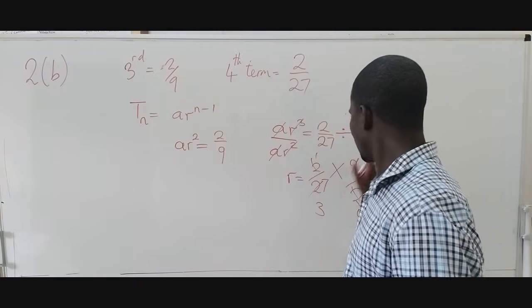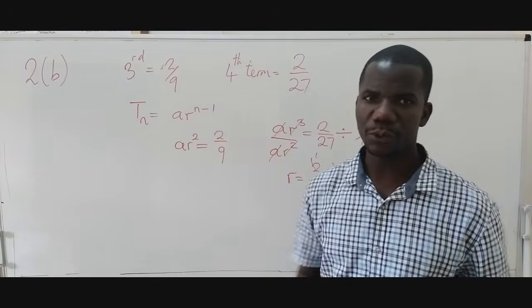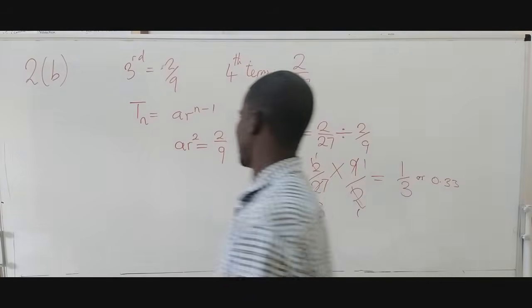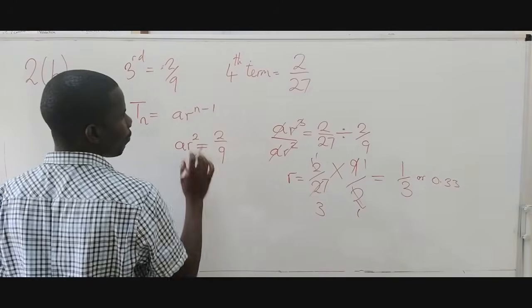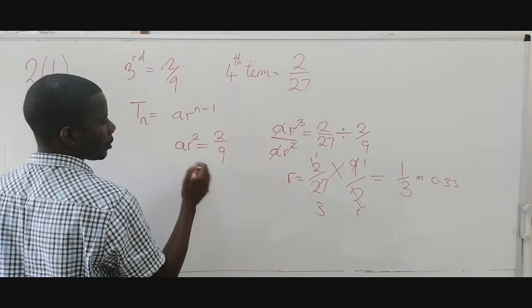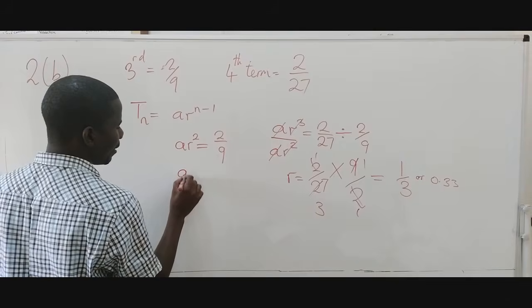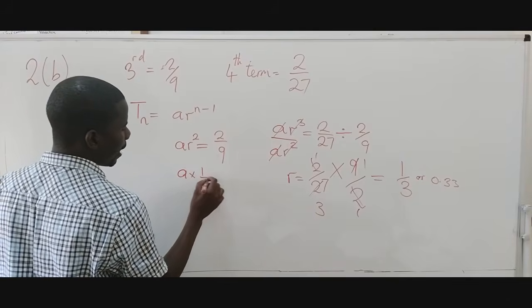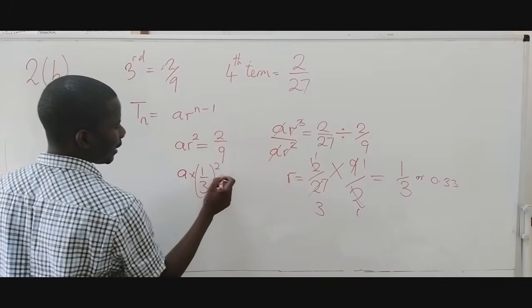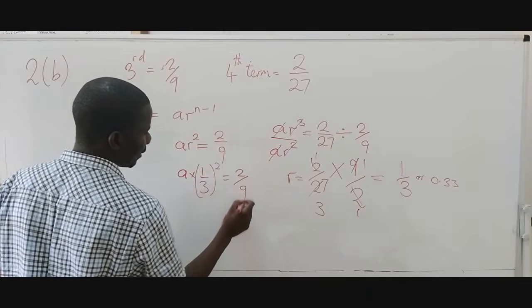Now, having found r, the common ratio, we can use the value of r to find the first term. We can pick one of these two equations. So we can say a multiplied by 1 over 3 squared is equal to 2 over 9.